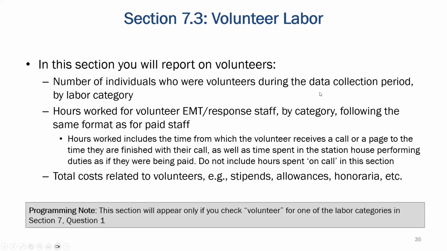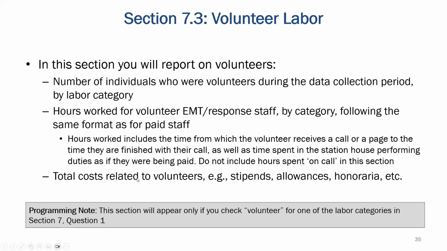That's important to note because none of the other sections, section 7.1 and section 7.2, actually ask that question. They just ask for total hours worked, but not counts of individuals. Section 7.3 does ask for a count of volunteers. And in a very similar way, you're going to report hours worked, but not total compensation because we're talking about volunteers now across different labor categories.